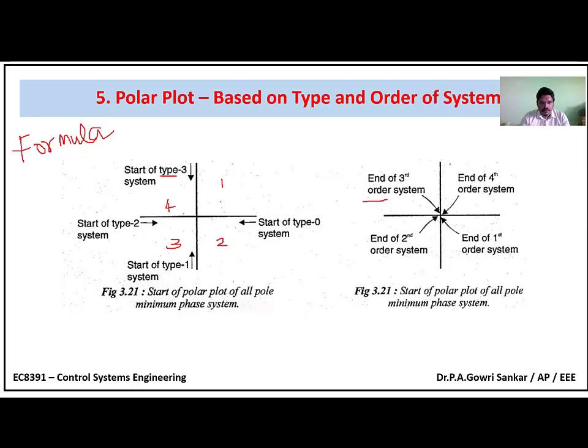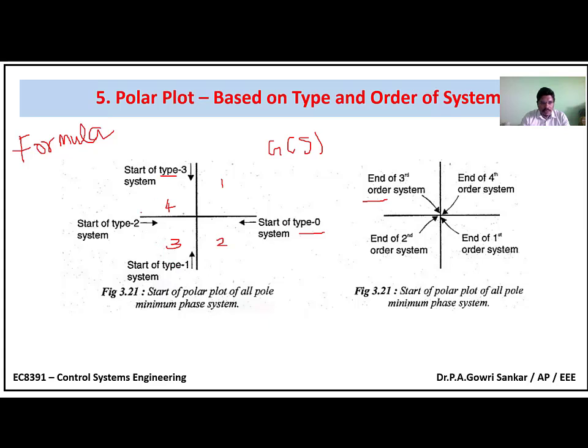When the given open loop transfer function G of s is a type 0 system, the curve starts from the second quadrant. If it is a type 1 system, the curve starts from the third quadrant.